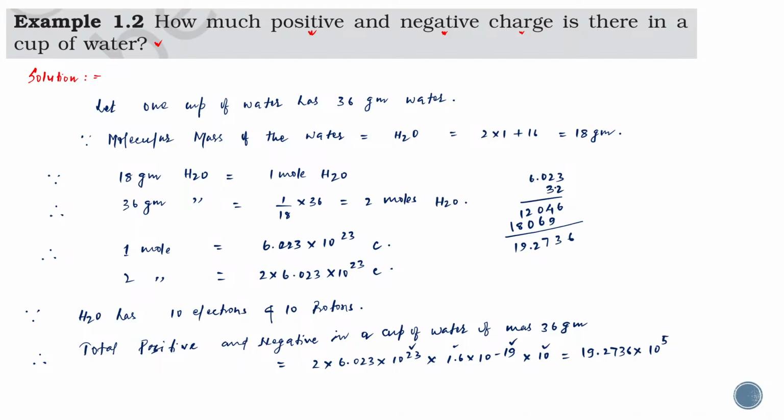So when this one is divided by 10 then we get 1.9, and we write down here 3 divided by 10 and multiplied by 10, so we write down here 10 to the power 6 coulomb.